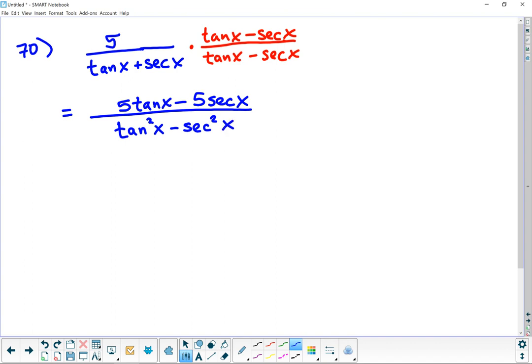All right, and we are going to use a trig identity. Hopefully you can remember what the trig identity is.